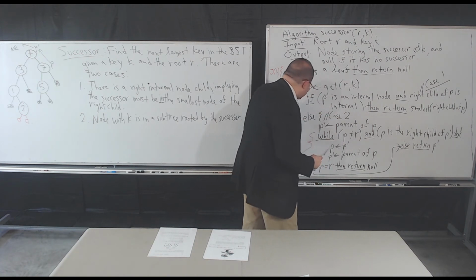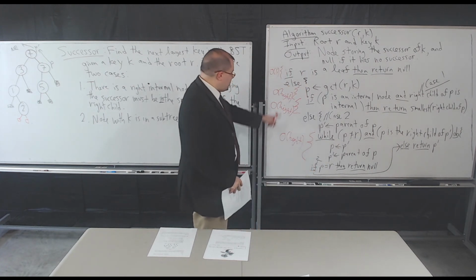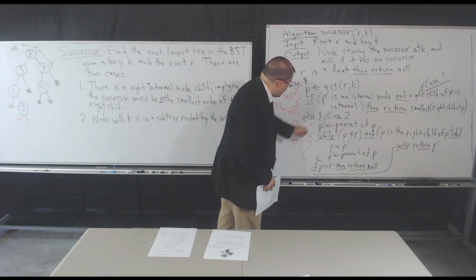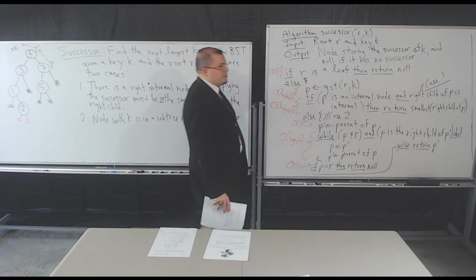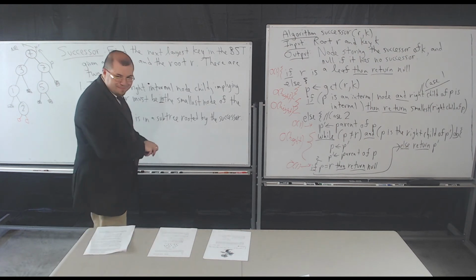So we know that this thing here is going to take big O of the height, at most. And all the rest of this takes constant time, right? This takes constant time. This all takes constant time. So how long does this algorithm take in the worst case? Big O of the height.